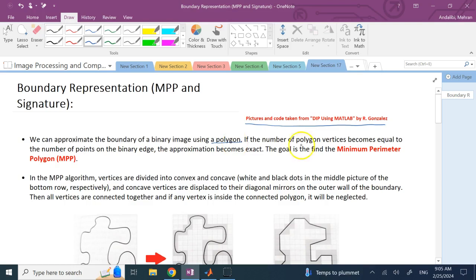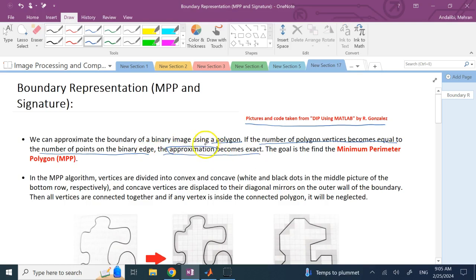And now, if of course the number of vertices of this polygon is equal to the number of points on the edge map, then of course you get an exact representation instead of approximation.